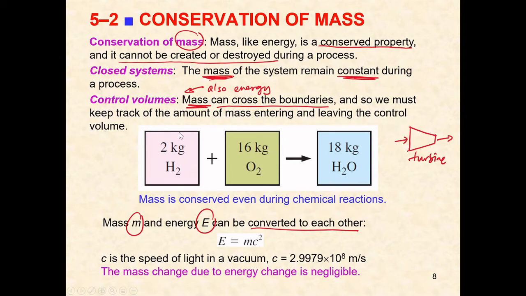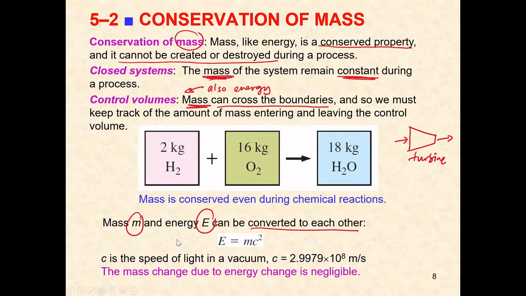Take for example, if you have 2 kg of hydrogen gas plus 16 kg of oxygen, you might have a chemical reaction that leads to the formation of H2O. Therefore you have a total mass of 18 kg. Though there are chemical reactions, the total mass still remains the same. So mass is conserved even during chemical reactions.